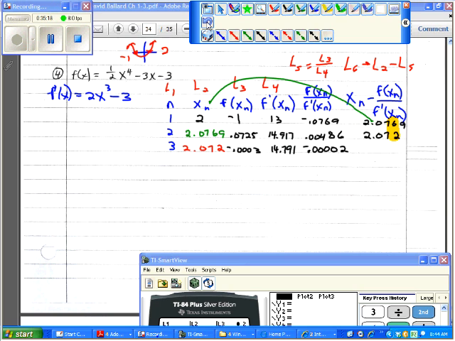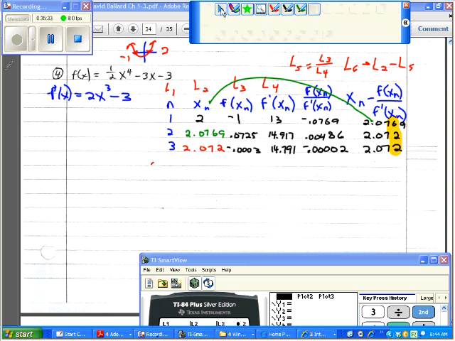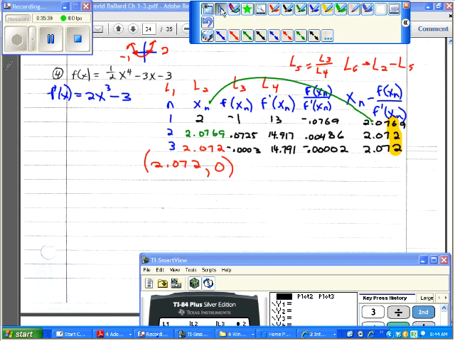Okay, and then 2.072. And so we have no discrepancy in the thousandths place, so we're happy with that. And so we're going to keep the 2.072, and that's the value of x when y is 0, right? So we very closely approximated one of the intercepts.